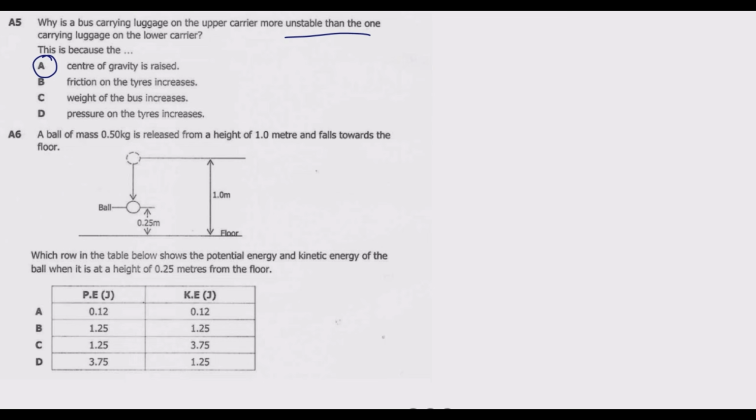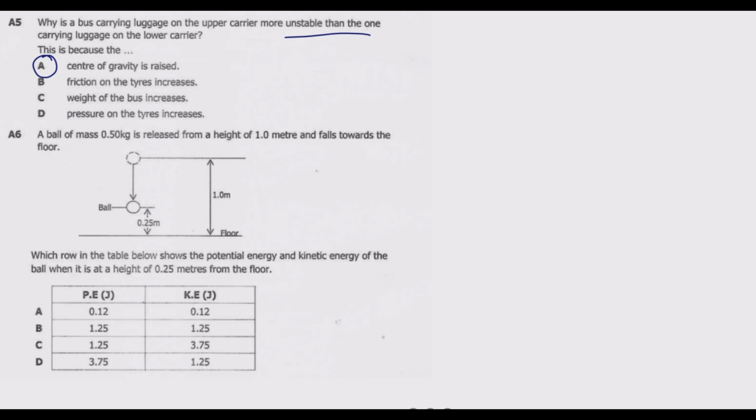Number 6: a ball of mass 0.5 kg is raised from the height of 1 meter and falls towards the floor. Which row in the table below shows the potential energy and kinetic energy of the ball when it is at a height of 0.25 meters from the floor?